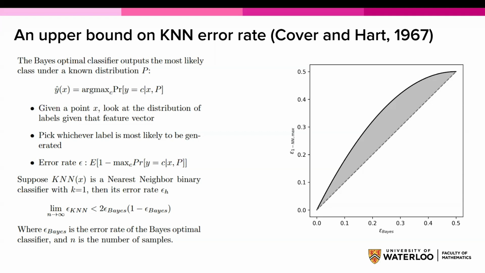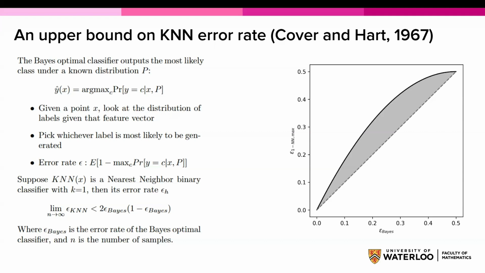The reason the Bayes optimal classifier is the theoretical best you can do is because it outputs the most likely class for a given point with knowledge of the true underlying distribution. Specifically, the Bayes classifier minimizes the probability of misclassification by making predictions based on the true posterior probabilities of the labels, which assume perfect knowledge of the underlying distribution.